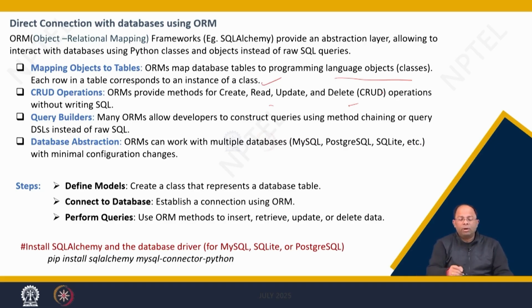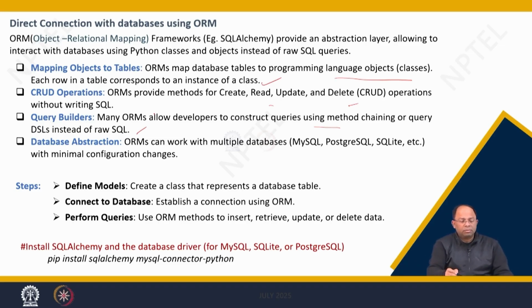And then many ORMs allow developers to construct queries using method chaining or query DSLs instead of raw SQL. What it means is that you want to select, then based on a certain condition, then you want to do some join. So, you can call a series of functions and combine them so that it almost acts as a complicated query.